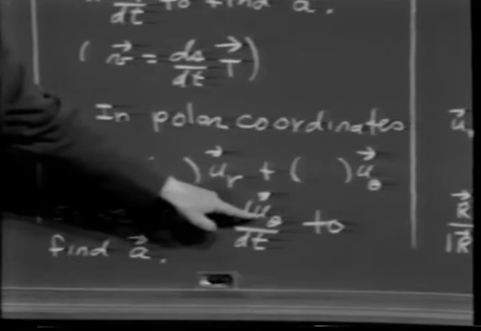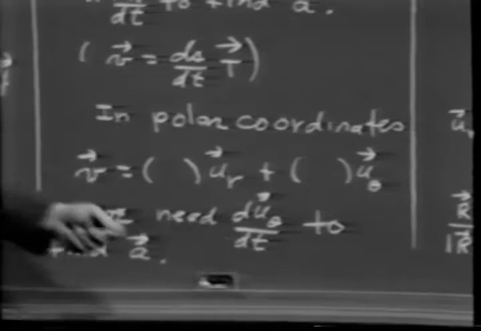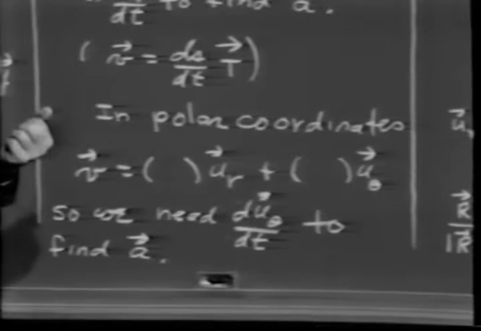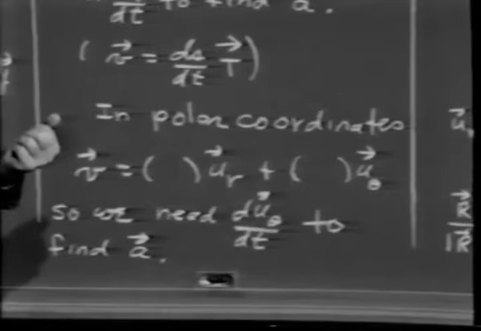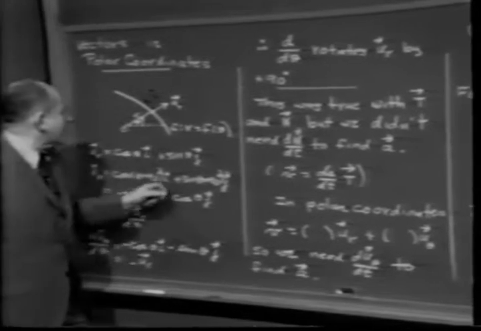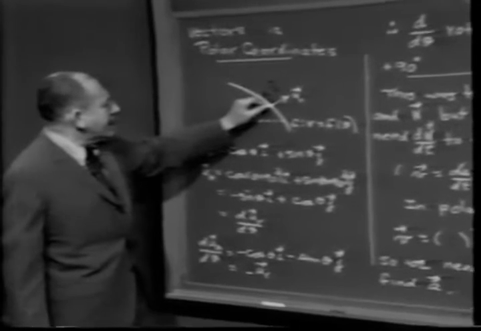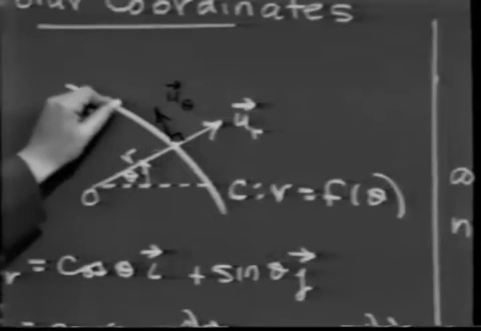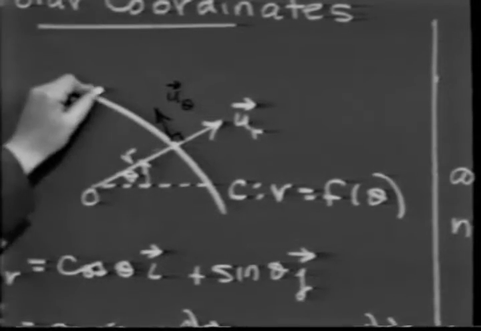But the important point is that someplace along the line in studying kinematics and polar coordinates, I am going to have to differentiate u sub theta with respect to theta. And just to show you again very quickly what I mean by this, we already know in kinematics that the velocity vector is always tangential to the curve.